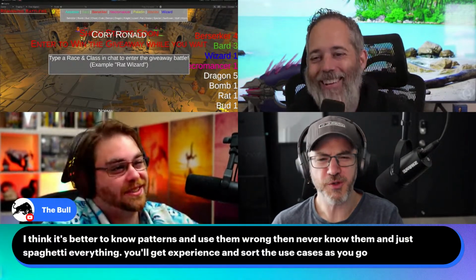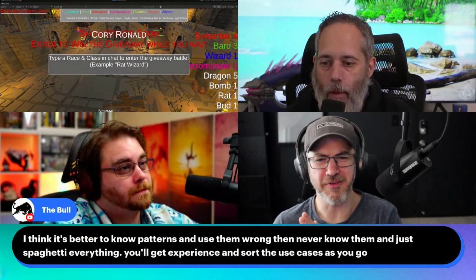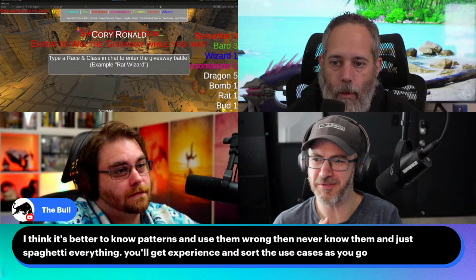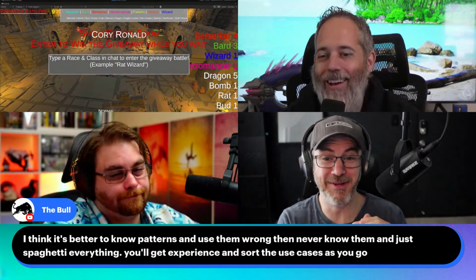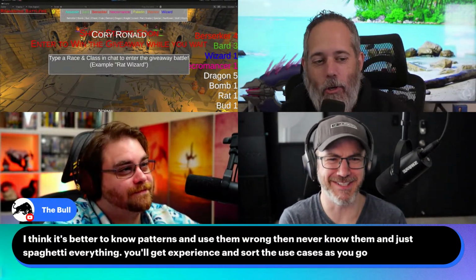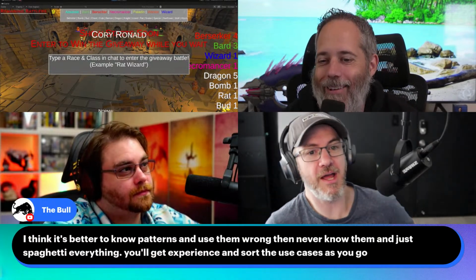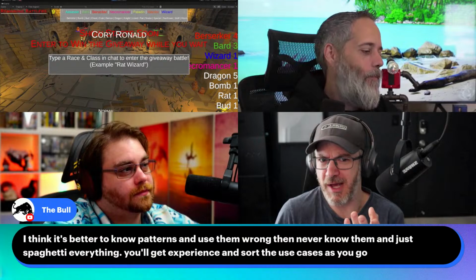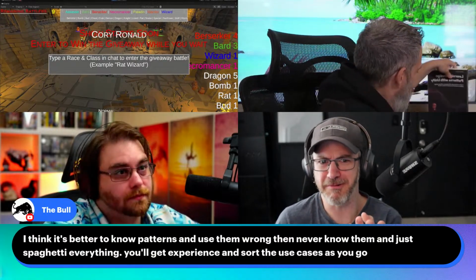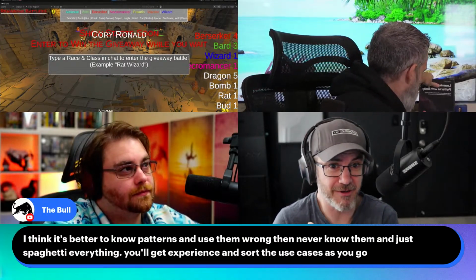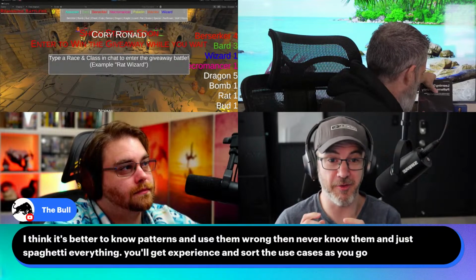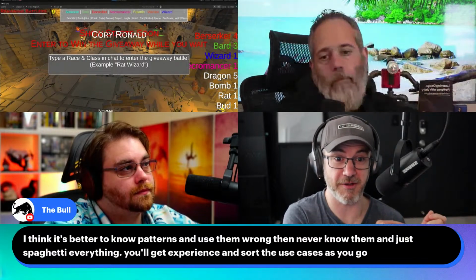Funnily, I just looked at the contents of their design book, and it doesn't actually have the component pattern. But anyway, that would be a nice short chapter. Like, add component. Here you go. You should know that pattern because you're using it. You might be using it wrong, and lots of people that do Unity are using it wrong.